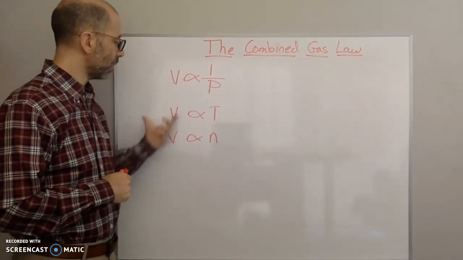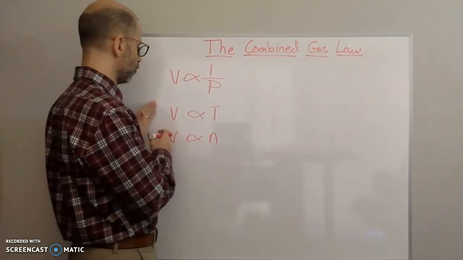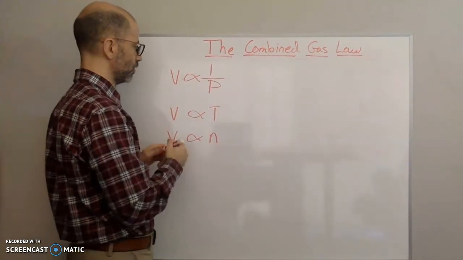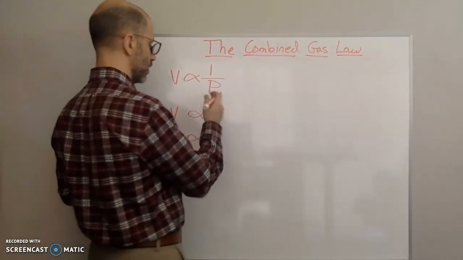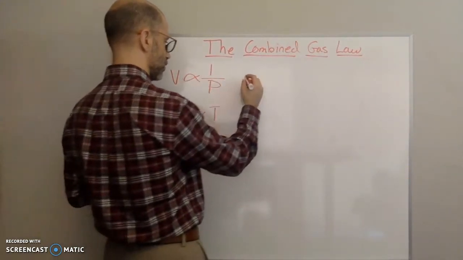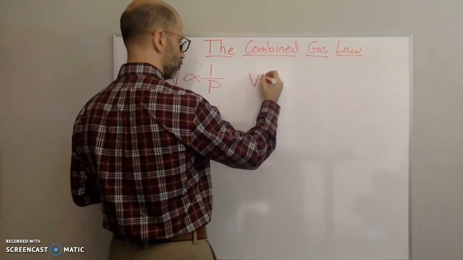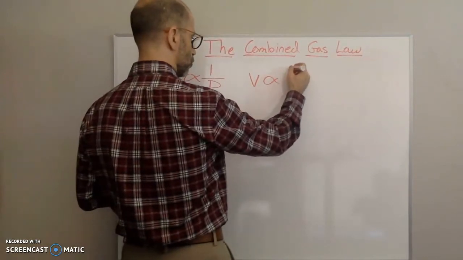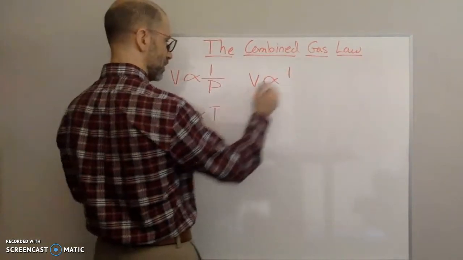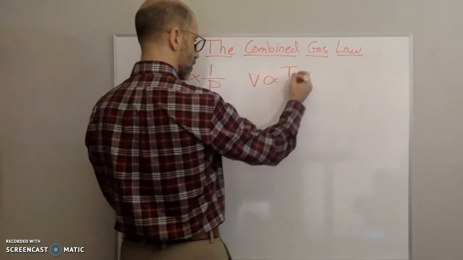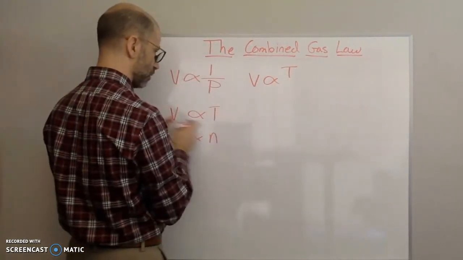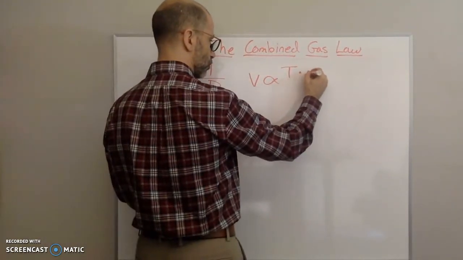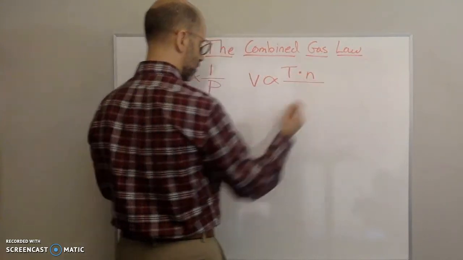If you combine all of these, volume is proportional to all three of these. So you can add this together, and you'll have volume is proportional to T and N, which are directly proportional, so we'll put those on top.